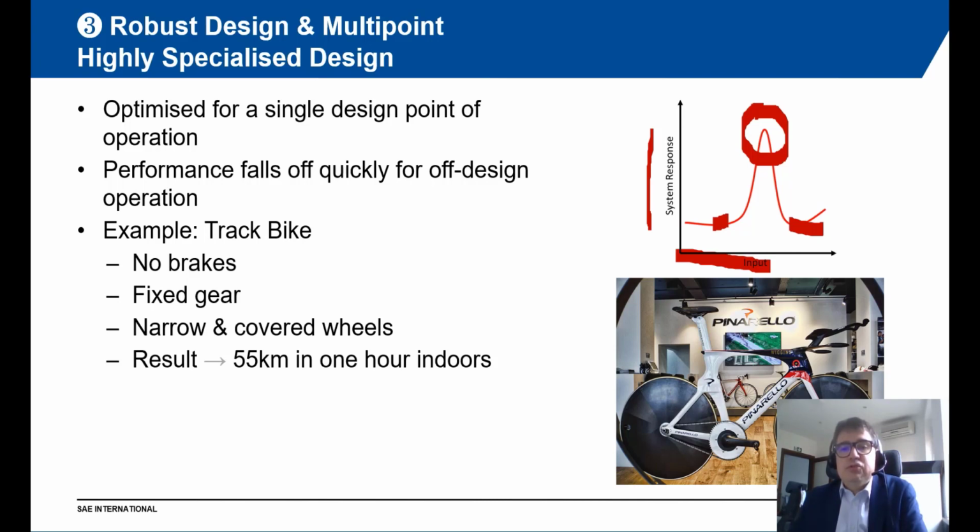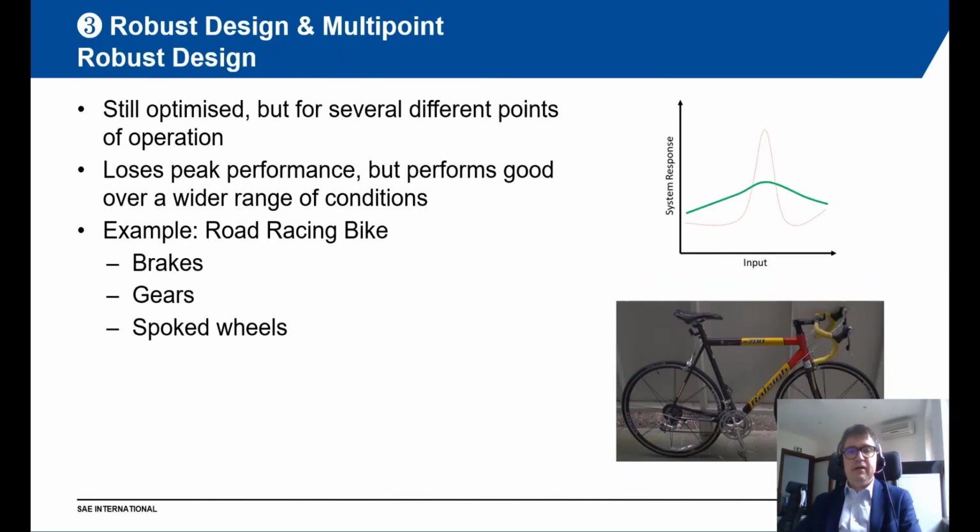The one shown in the picture has no brakes, fixed gear, narrow and covered wheels, and the result is it only reached 55 kilometers per hour indoors. Then, if we consider robust design, we have an input which changes here, and the system response on the left, and you can see this green curve compared to the red one.